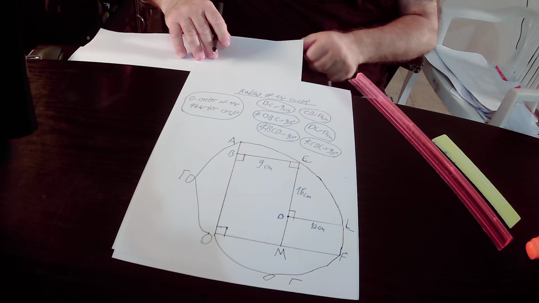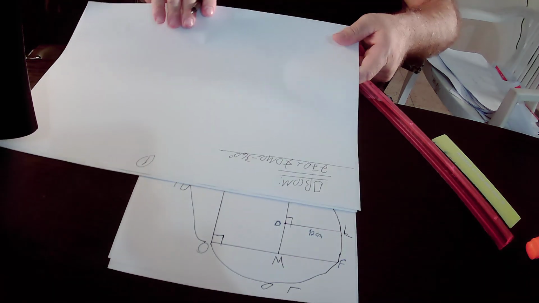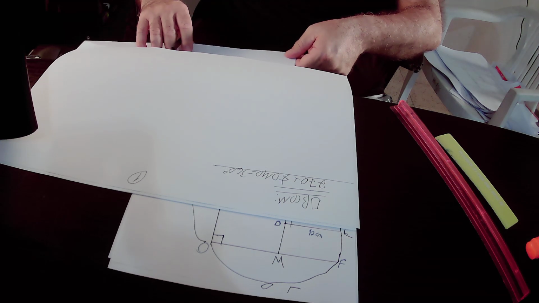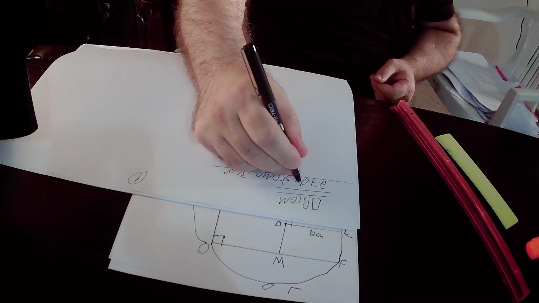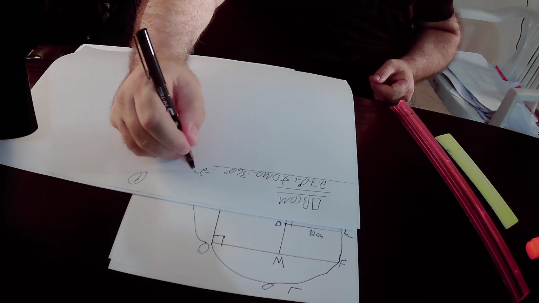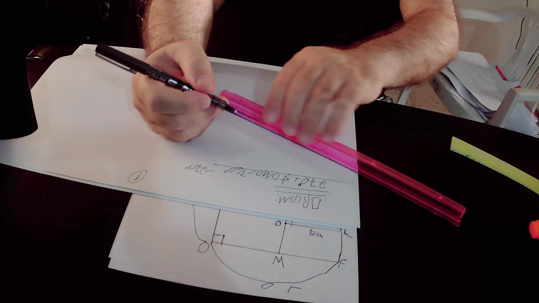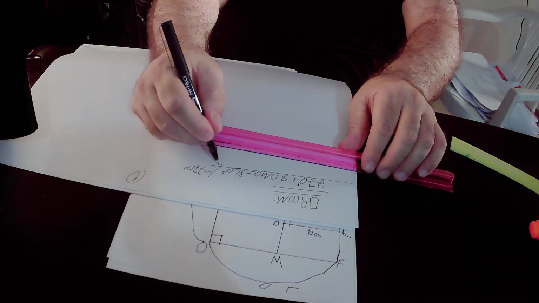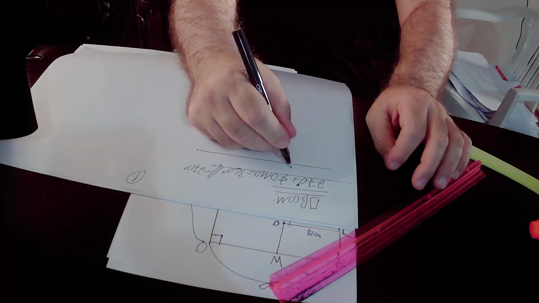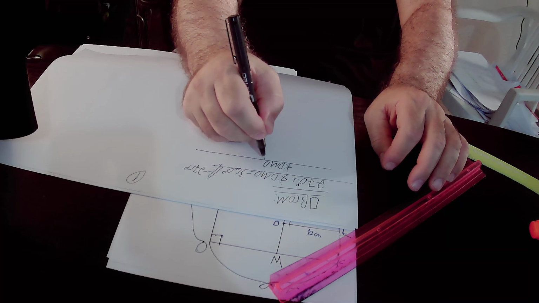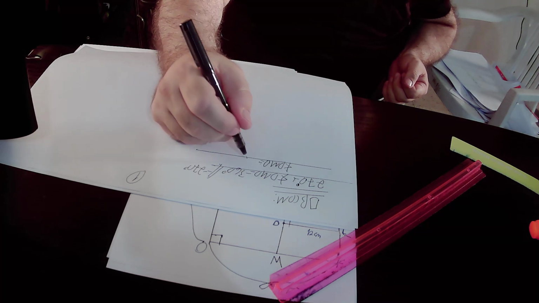Okay, so here we have 270 degrees plus angle DMO must be equal to 360 degrees. Here we subtract 270 degrees from this equation, and we get that the missing angle DMO is equal to 360 degrees minus 270 degrees, which is equal to 90 degrees.